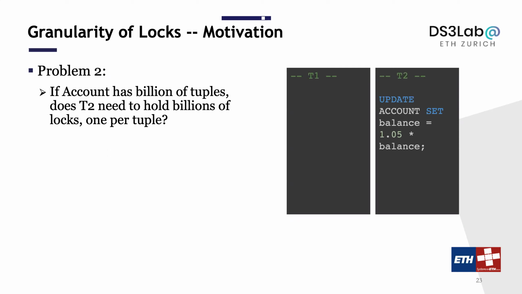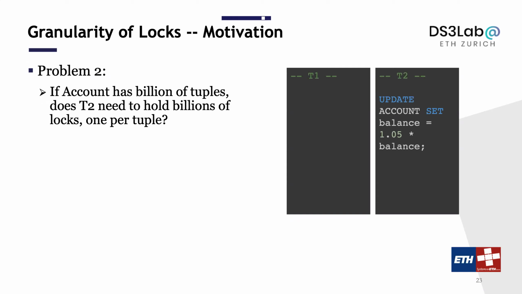In the meantime, all T2 wants to do is update the whole table. So why don't you give me the lock on that table? Why do you force me to lock individual tuples when you know I need to touch every single one of those? So this is the second problem.